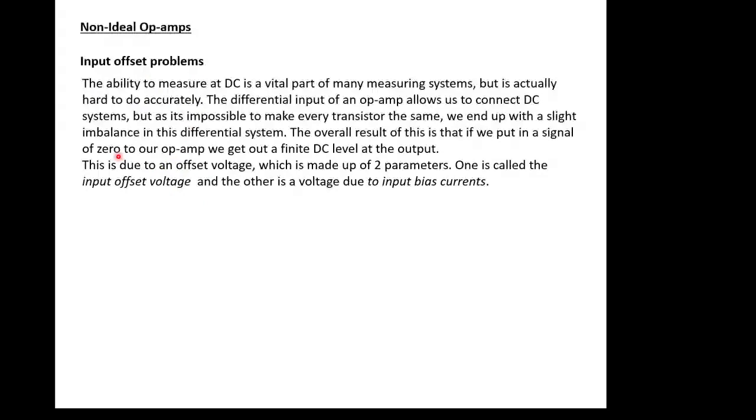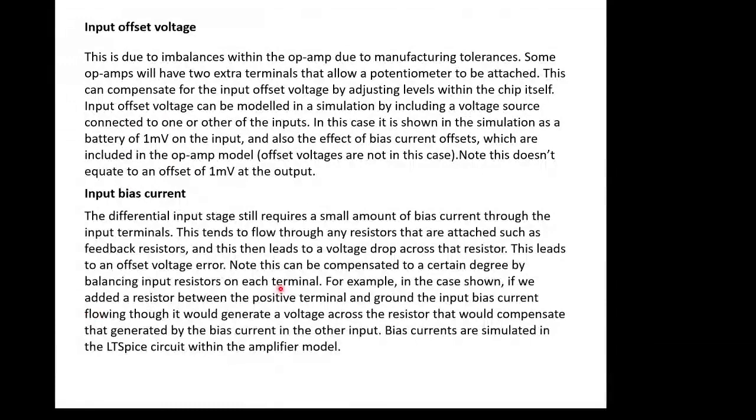And that may or may not be important. And we'll look at why or why not it might be important going forward as well. And on the offset voltage, this problem is made up of 2 parameters. One is called the input offset voltage, and the other is a voltage due to input bias currents. And we're going to look at those in a bit more detail.